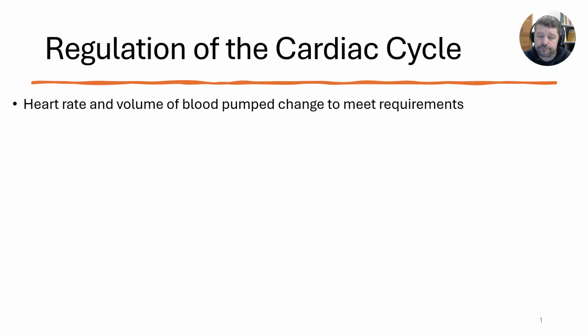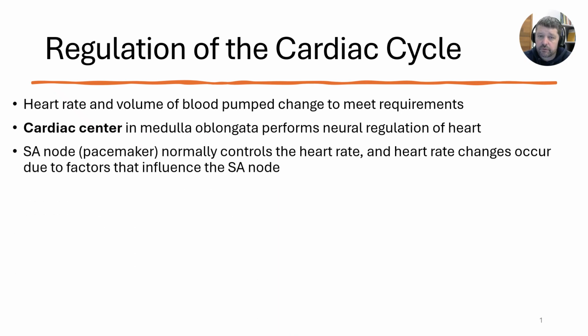All right, so last time out, we're talking about the cardiac center, and we're talking about the SA node and how it's a pacemaker and how it controls the heart rate.